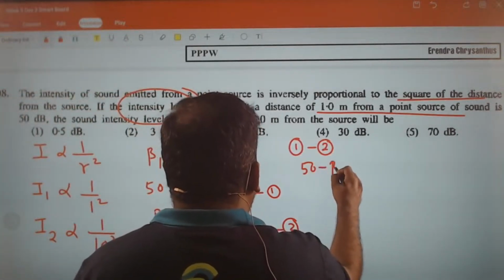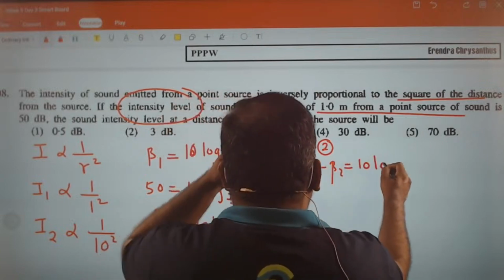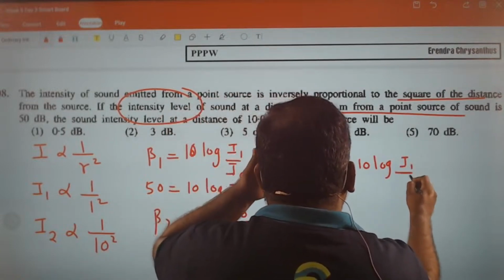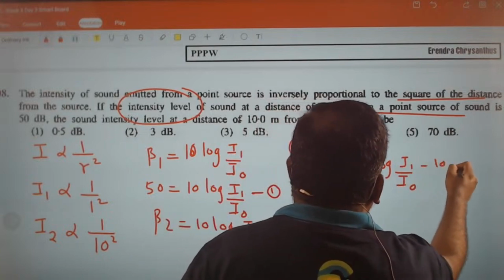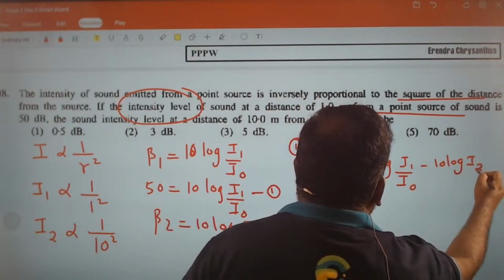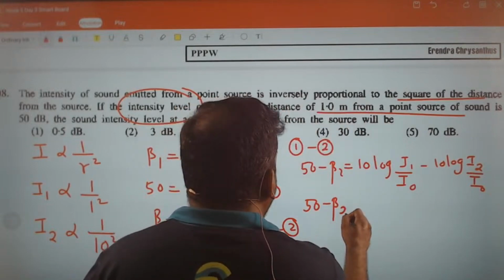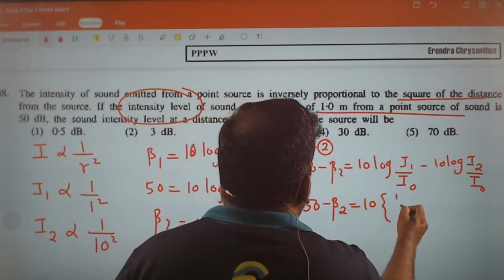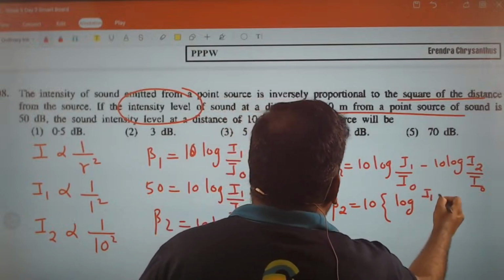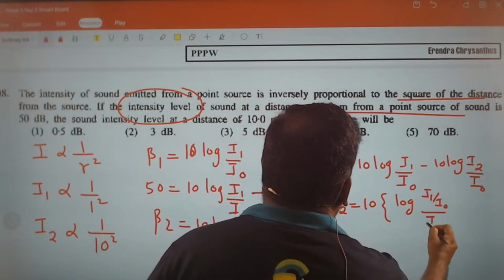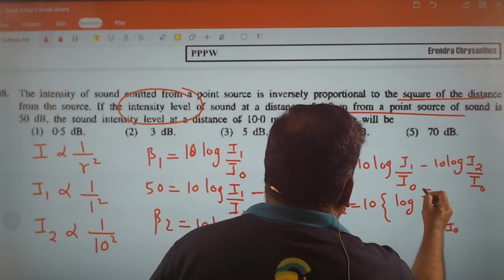50 minus beta 2. Log subtraction is log division. So 50 minus beta 2, 10 common, log I1 over I0 divided by I2 over I0, inside brackets.